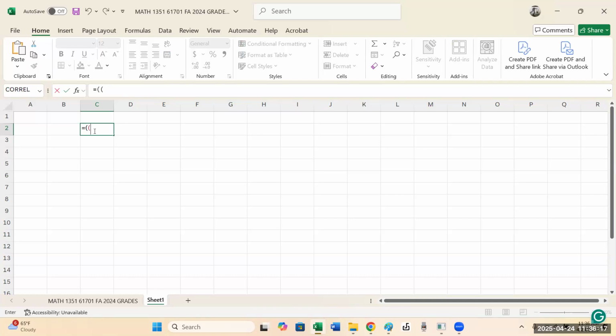We have 482 divided by 926 minus 0.5, divided by the square root of 0.5 squared divided by 926.